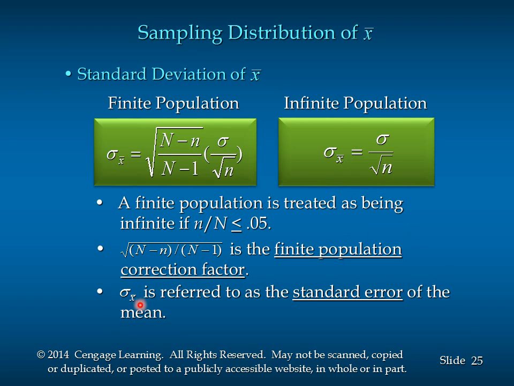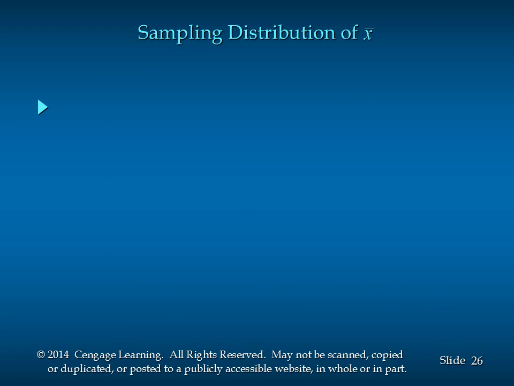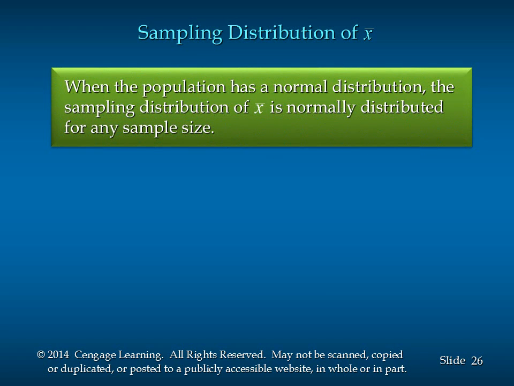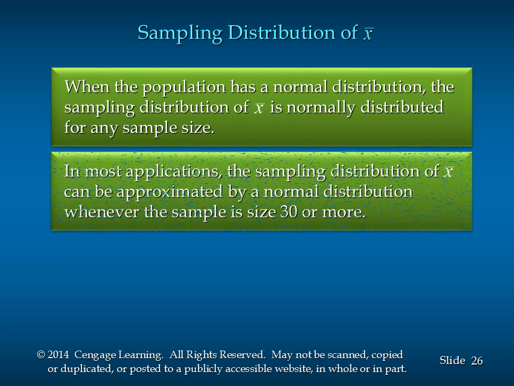And here, by the way, the sigma sub x bar, you'll also see this referred to as the standard error of the mean. And you're making an approximation of the mean for the overall population based upon a sample size of 30.